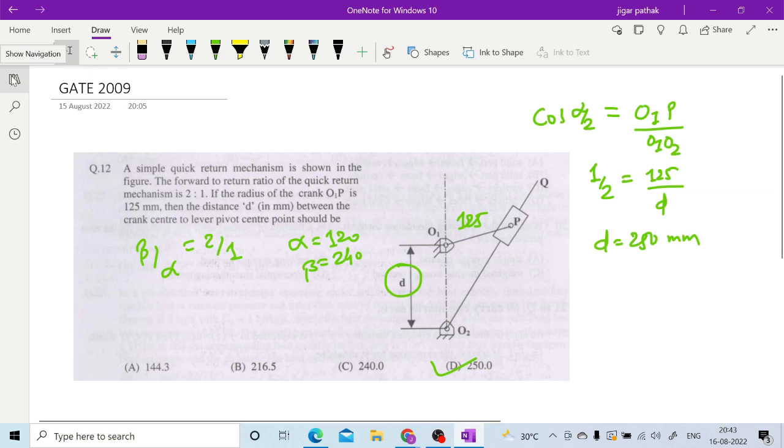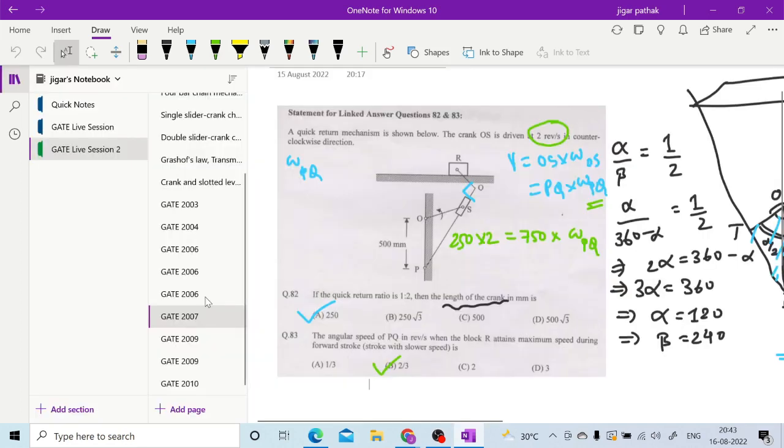In the previous question, R attains maximum speed when the angle between RQ and PQ is 90 degrees. At that particular point it will attain the maximum speed. Sorry?